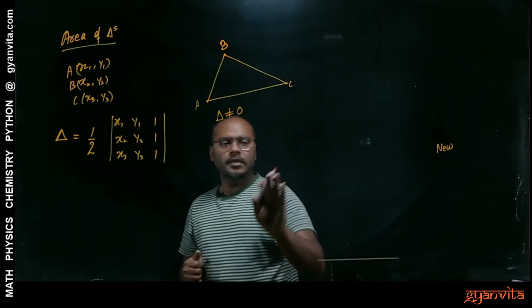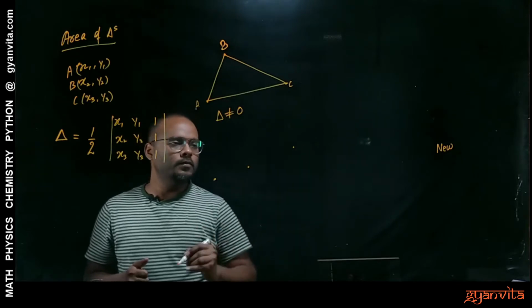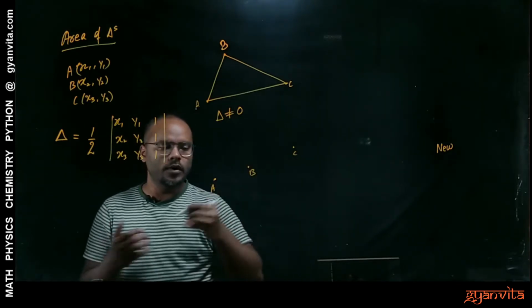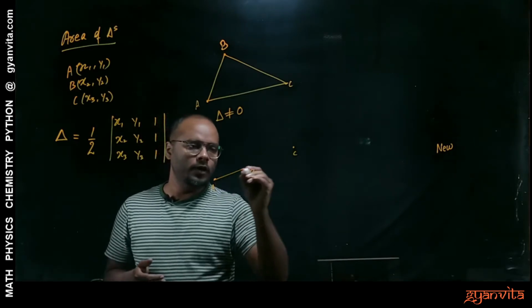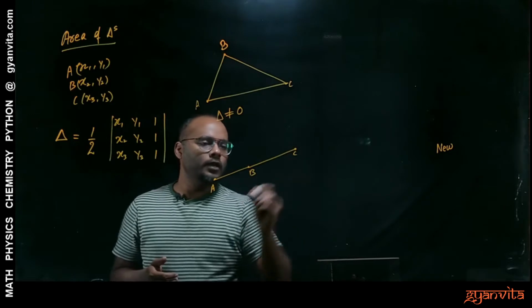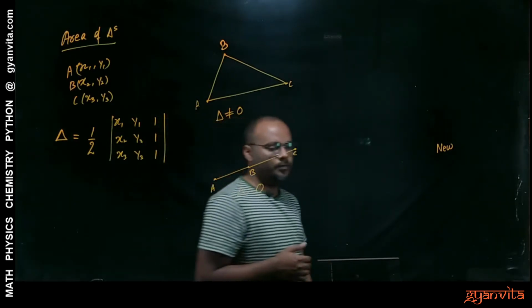But if the points are collinear, suppose this is A, B and C, or in any order, and now you are trying to find out the area, what you will get in this case will be equal to 0.